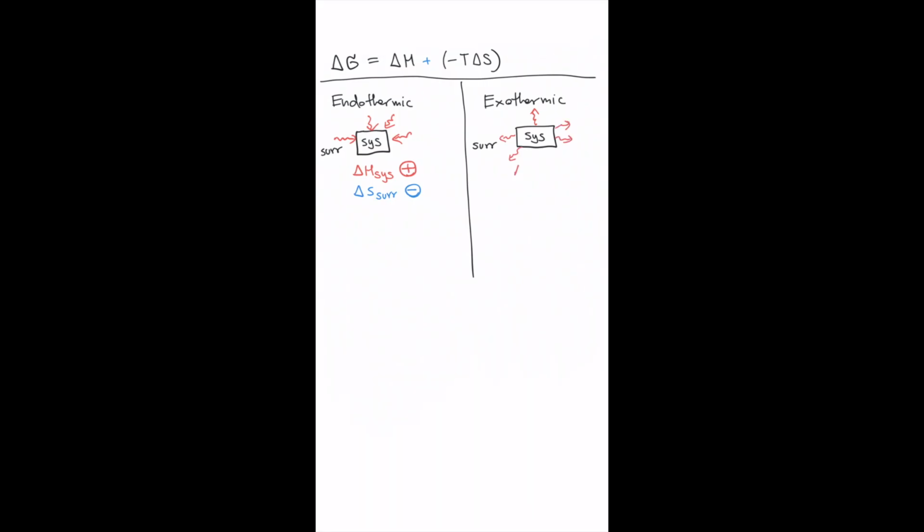Therefore, in this case, the delta H of the system would be negative because the system is losing heat, and the entropy change for the surrounding would be positive because the heat transfers into a more dispersed environment, which is the surrounding.